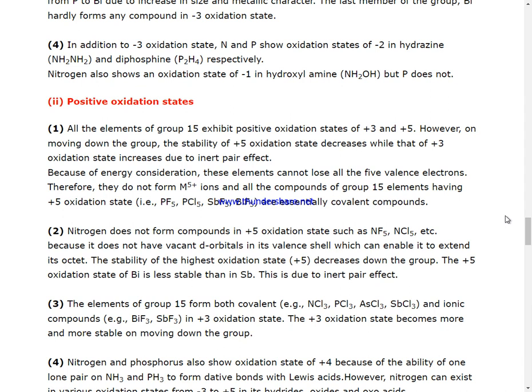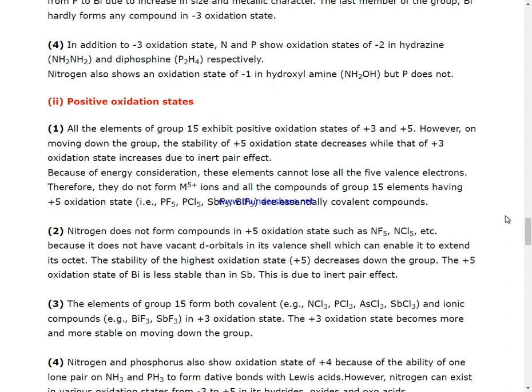All the elements of group 15 exhibit positive oxidation states of +3 and +5. However, on moving down the group, the stability of +5 oxidation state decreases while that of +3 oxidation state increases due to inert pair effect.